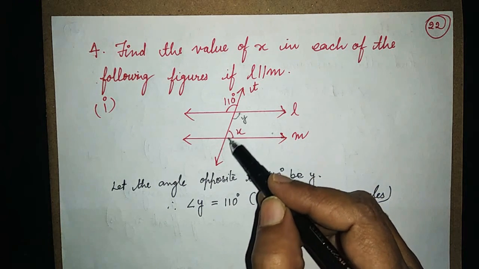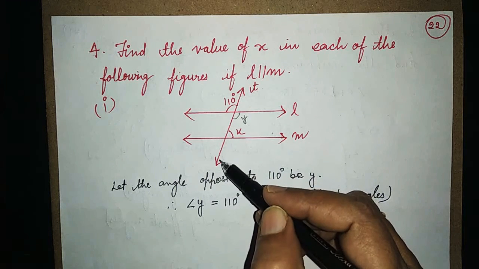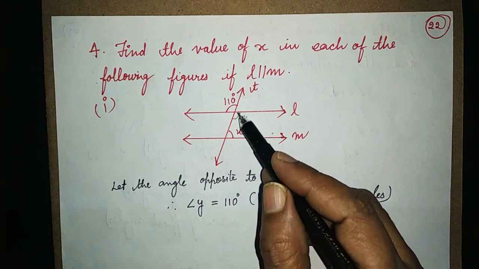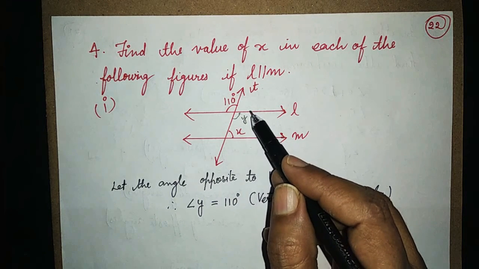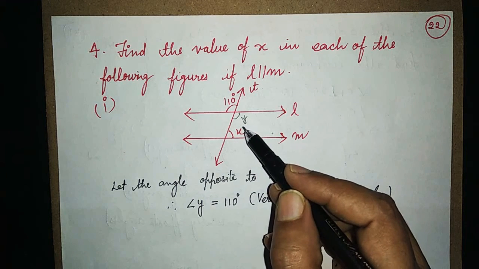Here you can see these two angles are on the same side of the transversal line, and we know that the sum of co-interior angle is 180 degree, or you can say co-interior angles are supplementary.